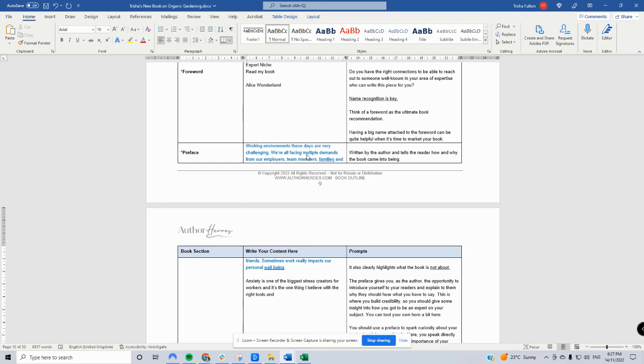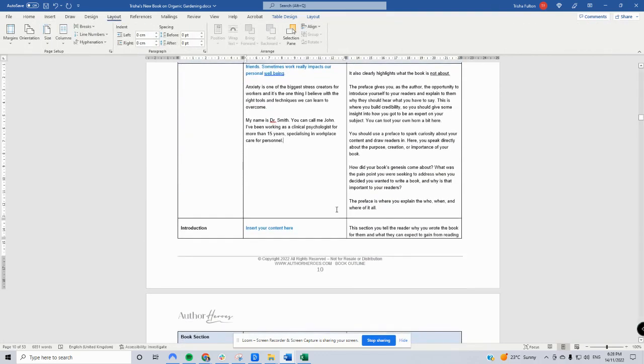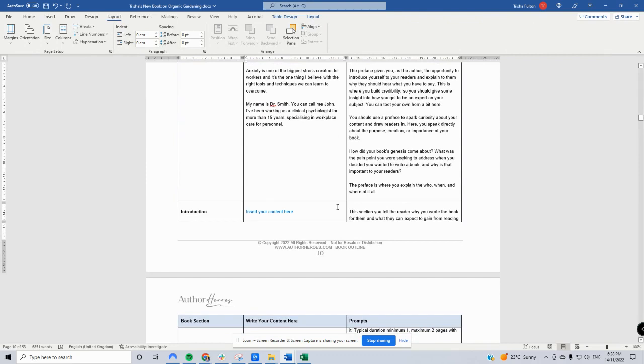Tools, and then you just put in some ideas here. So I'm writing why this book is and who I am. I am saying I'm a clinical psychologist.